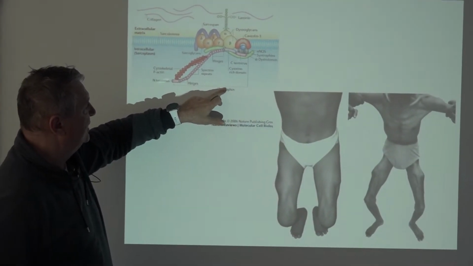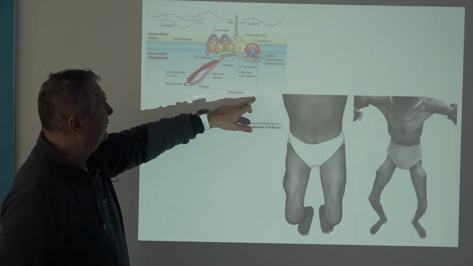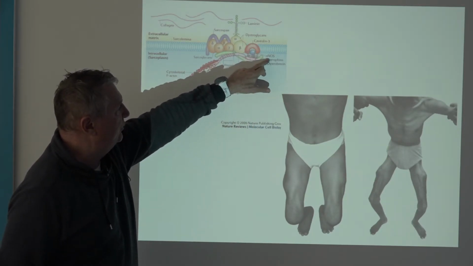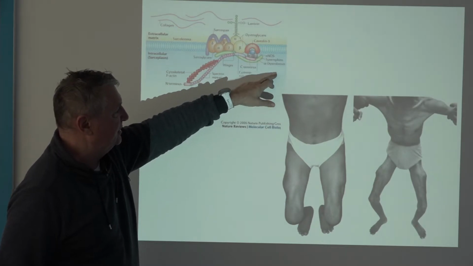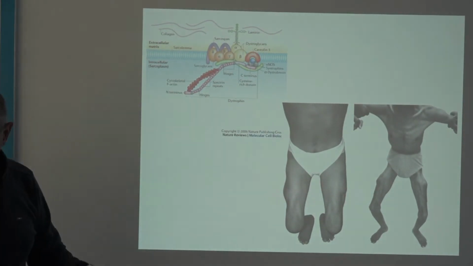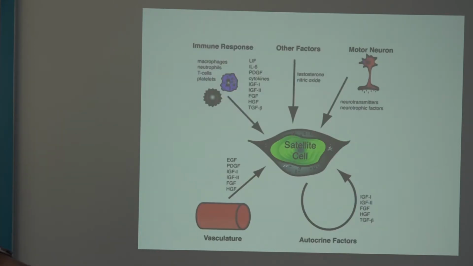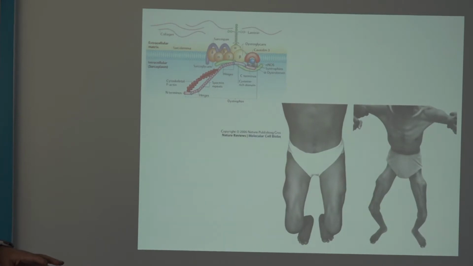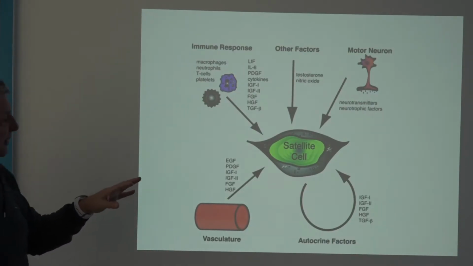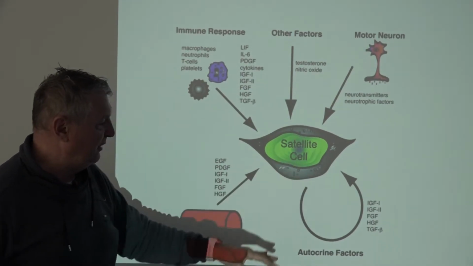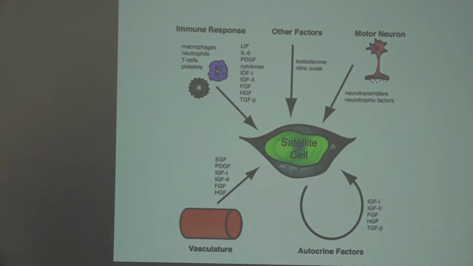And as you can see, there's a very important enzyme attached to dystrophin, called nitric oxide synthase. NO plays an extremely important and crucial role in muscle physiology because NO activates satellite cells, and satellite cell proliferation is necessary for muscle hypertrophy.